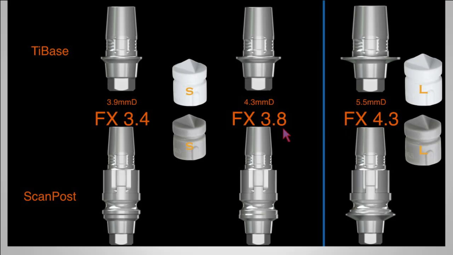The other two tie bases and scan posts require a different selection of the software, so that if we seated a small tie base or a small scan post, we would have to select FX 3.4. If we selected the medium tie base or the medium-sized scan post, we would select FX 3.8.